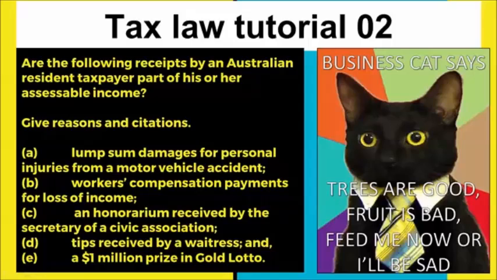Now, the analogy here is that our bodies and our capacity to earn income is the tree, and that's a capital thing, whereas the product of our labour and our time, that's the fruit. So that's where this analogy of the fruit and the tree comes from, and as Business Cat succinctly states, when dealing with income tax, the tree and being compensated for the tree is in many ways a good thing.